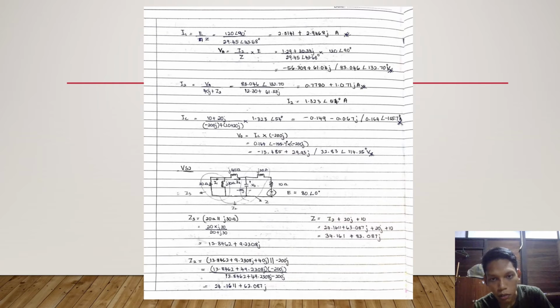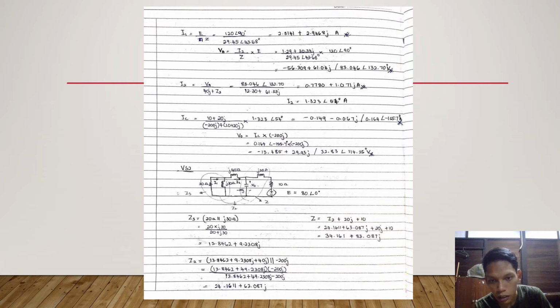IC we get negative 0.164 degree negative 155.7. From IC we get V naught, IC times negative 200j, we get 32.83 degree 114.25.